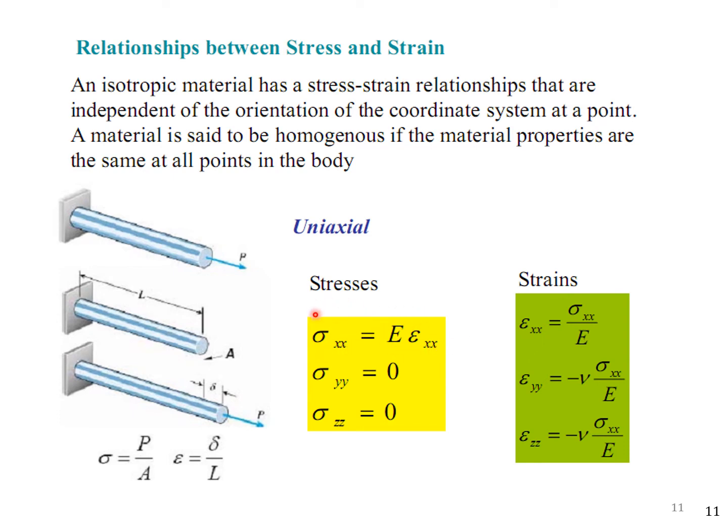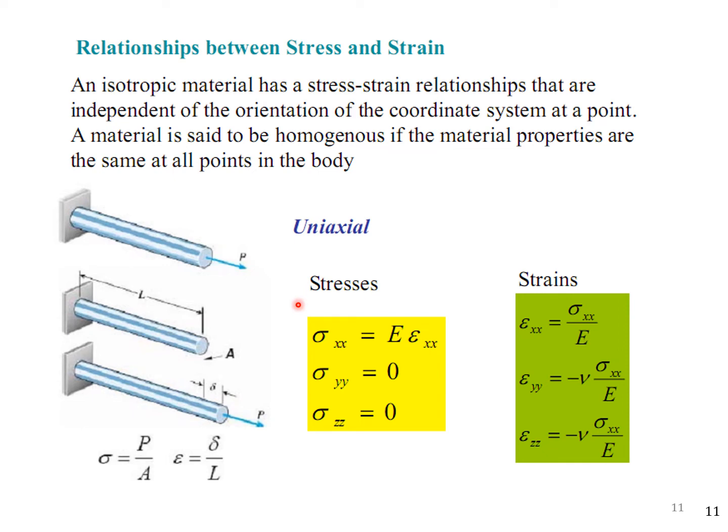It will be given as sigma xx equal to modulus times strain. There is no force or stress applied in this direction or in the z direction. So when we stretch it, there will be a deformation in this direction and a thinning, or strain, in the y and z directions. It means its diameter will decrease.